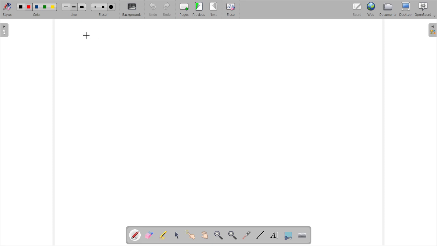For example, to find alpha power 4 plus beta power 4, it can be written as alpha square plus beta square whole square minus 2 alpha beta whole square. If you simplify the RHS, you will get the LHS.